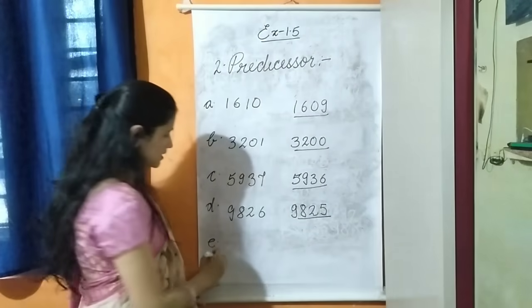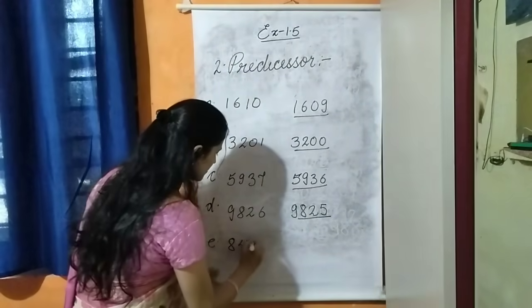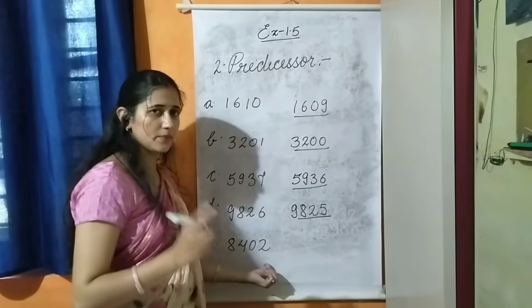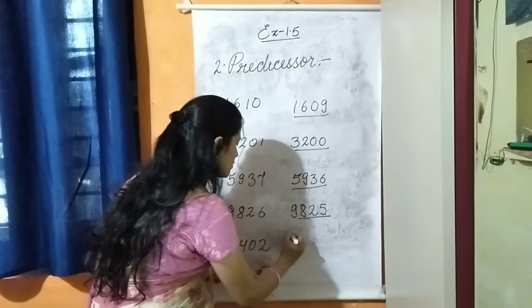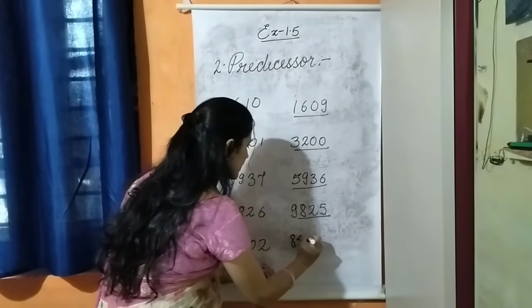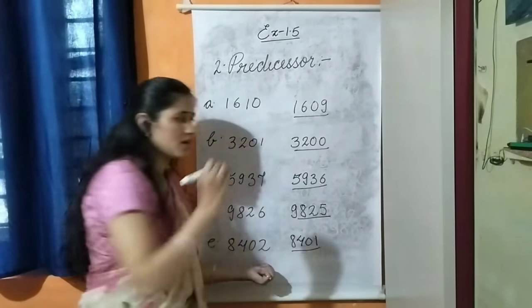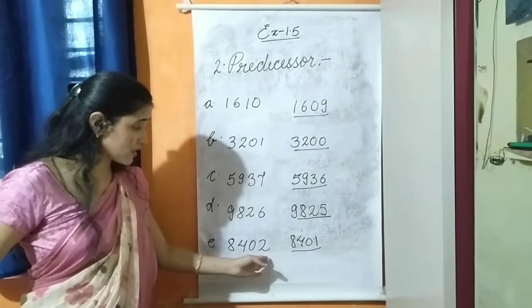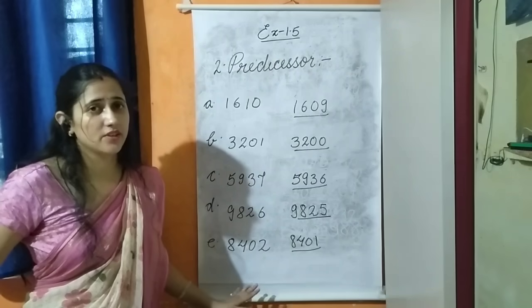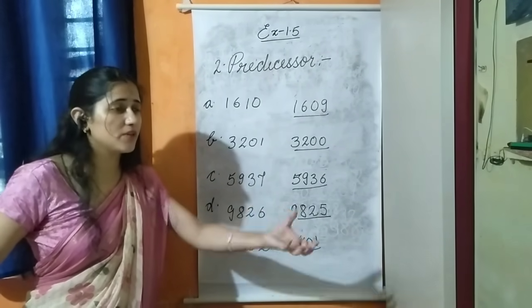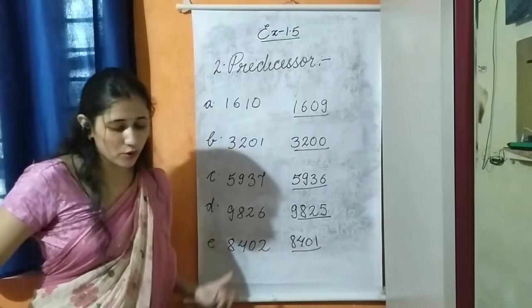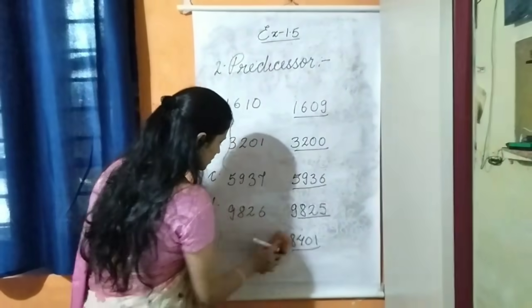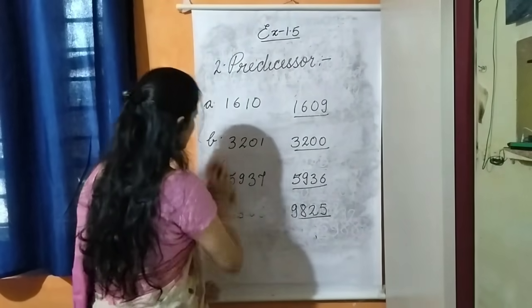Now E is 8402. 2 minus 1 will be 1. So 8401 is your answer. Okay students, you only have to subtract 1 from the given number. You have to write the number which comes just before to find the predecessor. Now we have to do F, G and H.